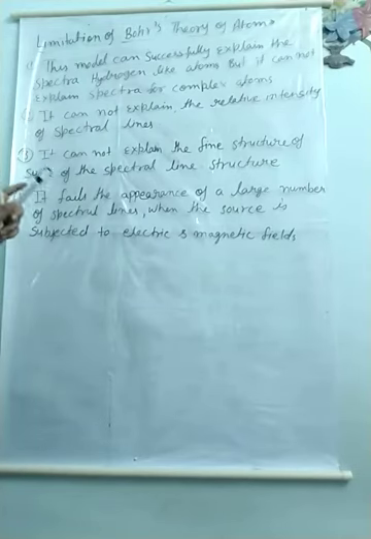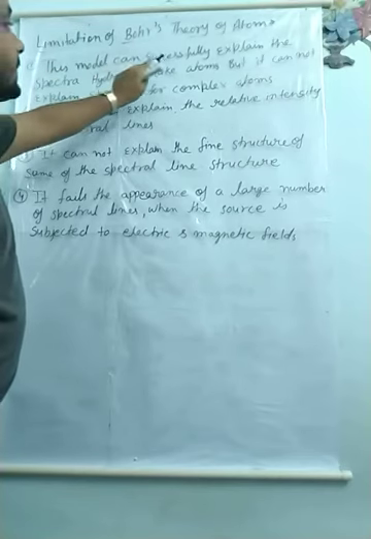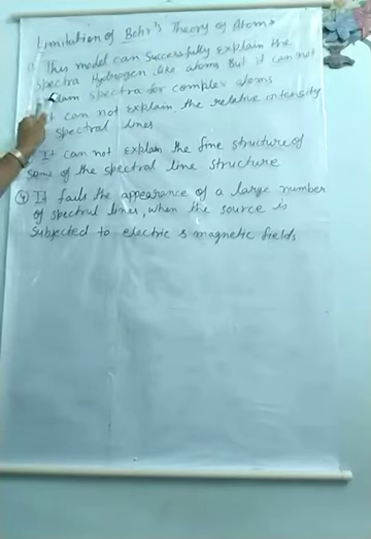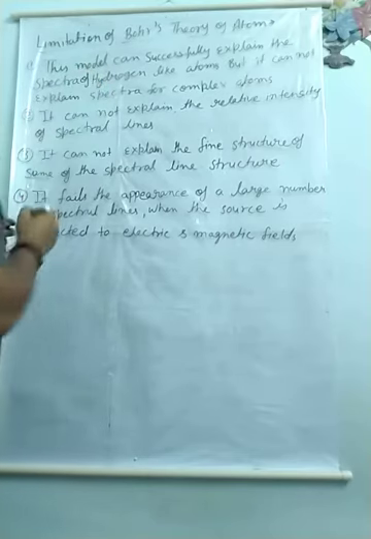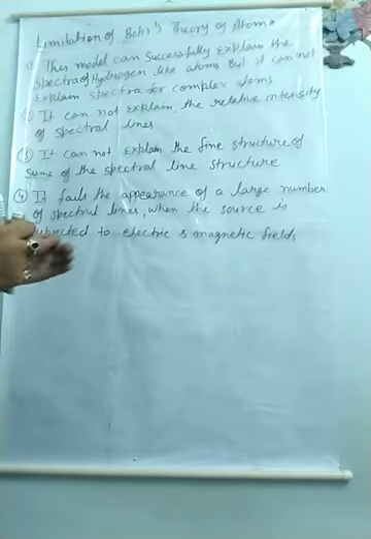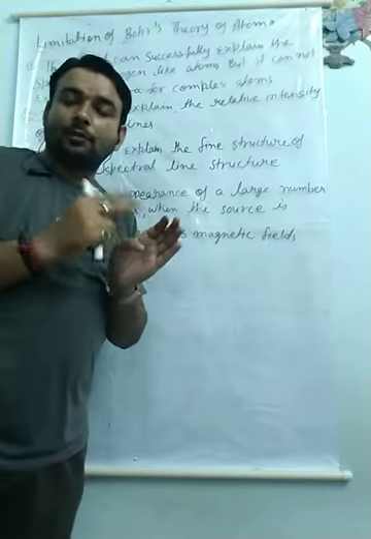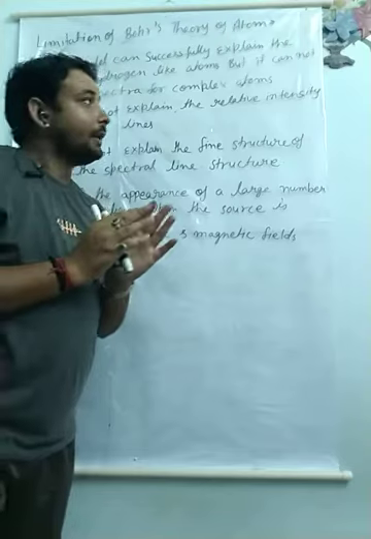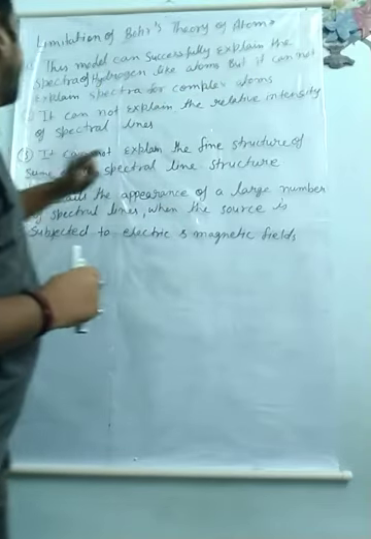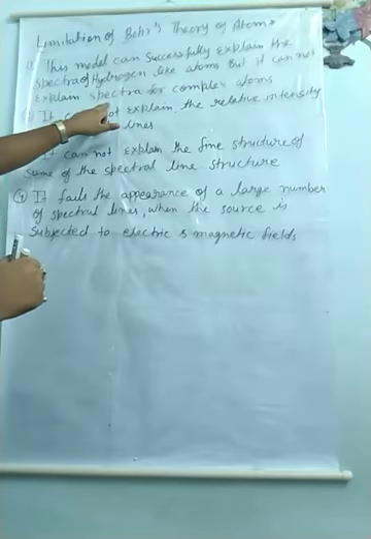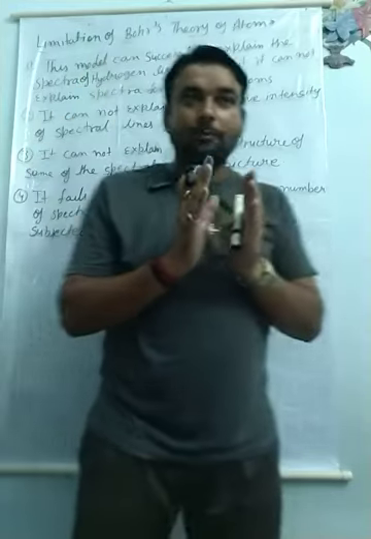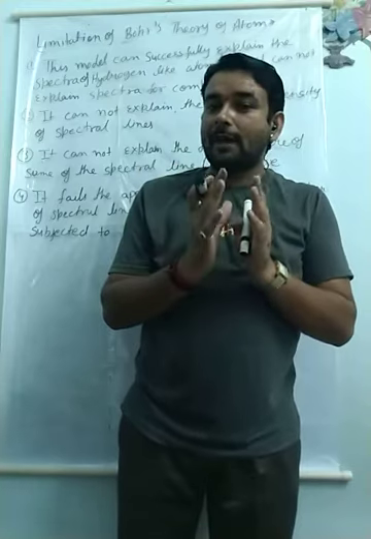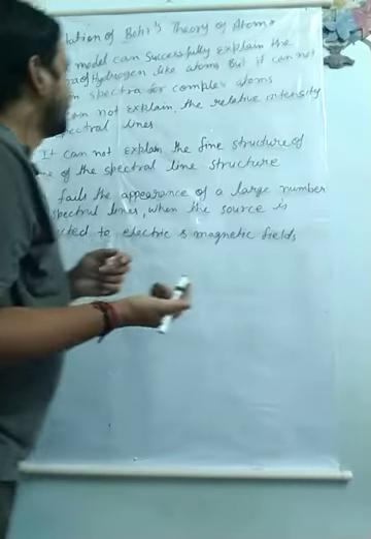First drawback of the Bohr theory: this model can successfully explain the spectra of hydrogen-like atoms like helium and lithium, but it cannot explain the spectra of complex, bigger atoms.